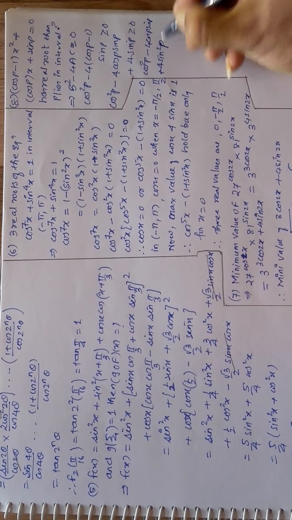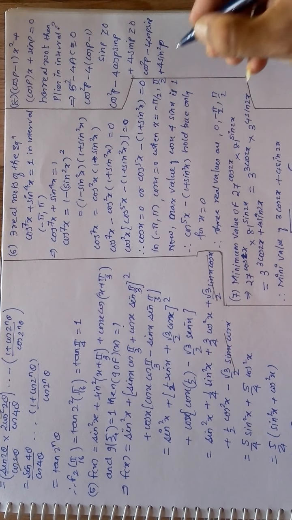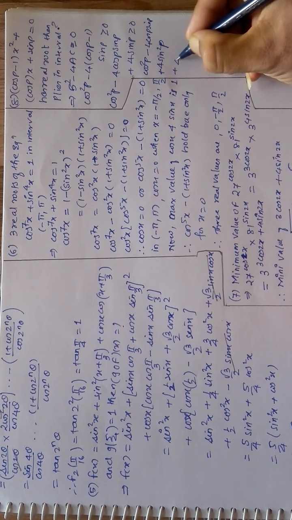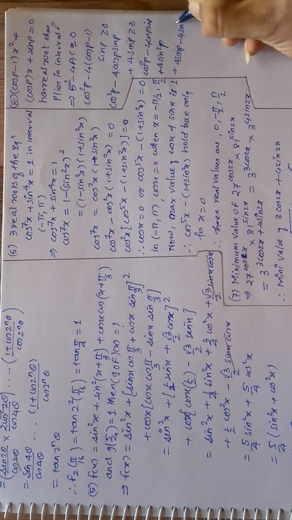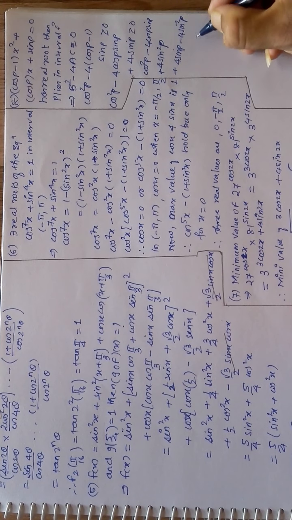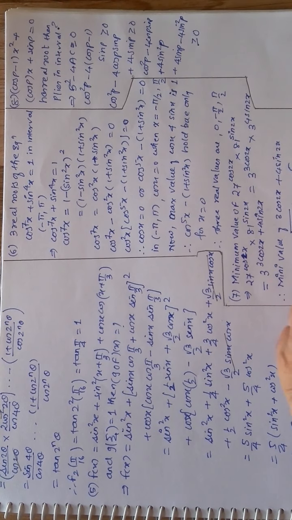Agreed? I have added 4 sin square p, and 4 sin p was already there, minus 4 sin square p, which I have subtracted also, is greater than equal to 0.